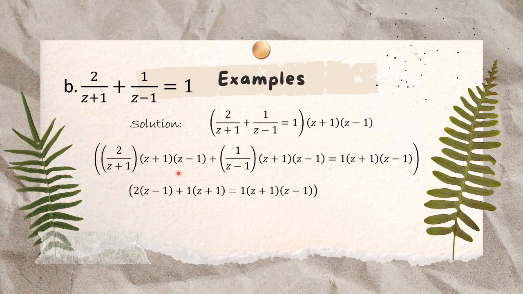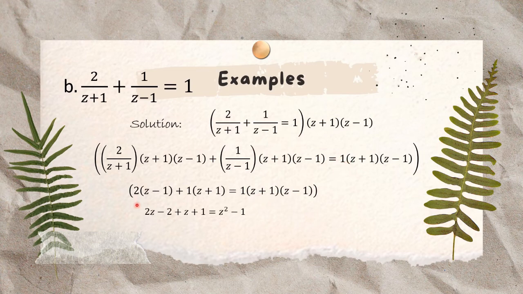Multiplying each term with the LCD, this is the result. 2 times the quantity z minus 1, since the z plus 1 cancels. For the next term, the z minus 1 cancels, so 1 is multiplied to z plus 1. And the value here at the right, which is equal to 1, is multiplied by the LCD, since the denominator of our value on the right is just 1.